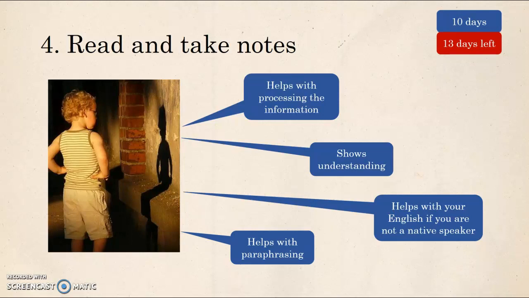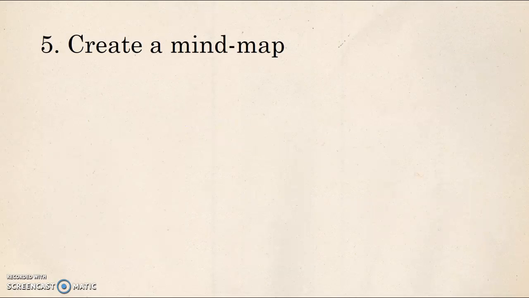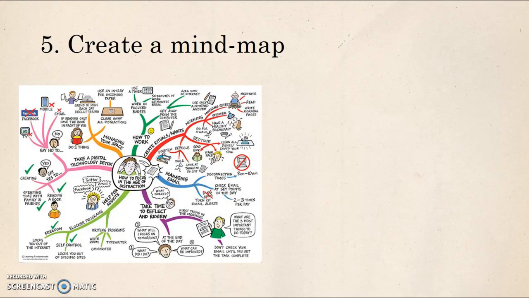Then you can move on to the fifth step, which is creating a mind map. So a mind map is very different from just brainstorming, because in brainstorming you just write down random things, but a mind map is organized.